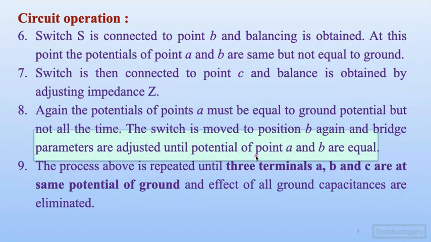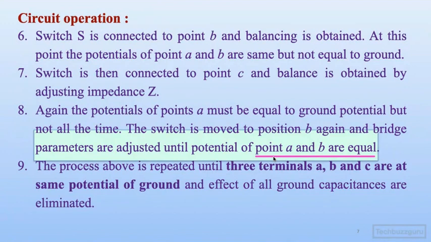ठीक है. तो ये कैसे है, थोड़ा सा 2-3 iterations में A और B के potential को equal करते हैं और बीच बीच में right position में throw करके A और C को equal करते हैं. तो C is a ground. When potential A becomes equal to C and in another iteration A is made equal to B, so we can say that all the 3 points, point A, point B and point C, will be equal, and since C is ground, A and B have been made equal to ground.